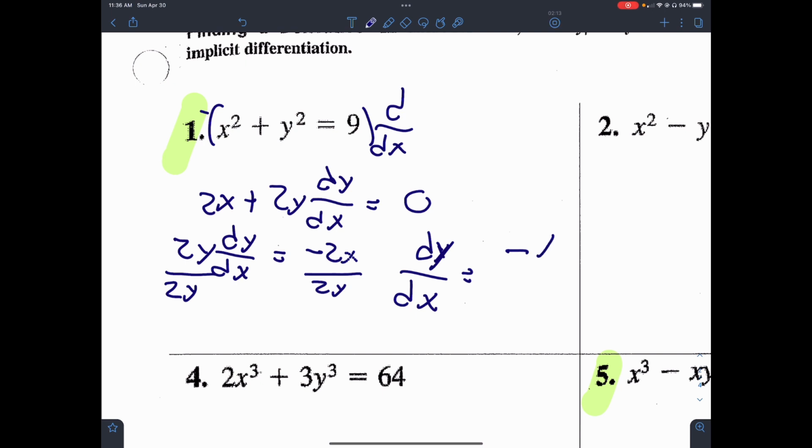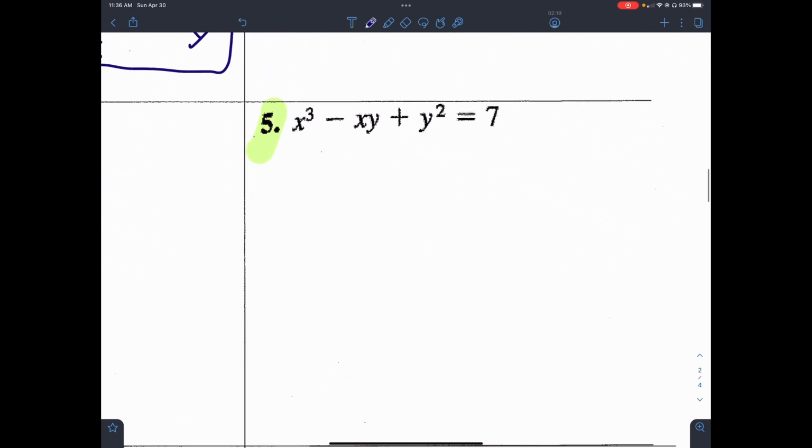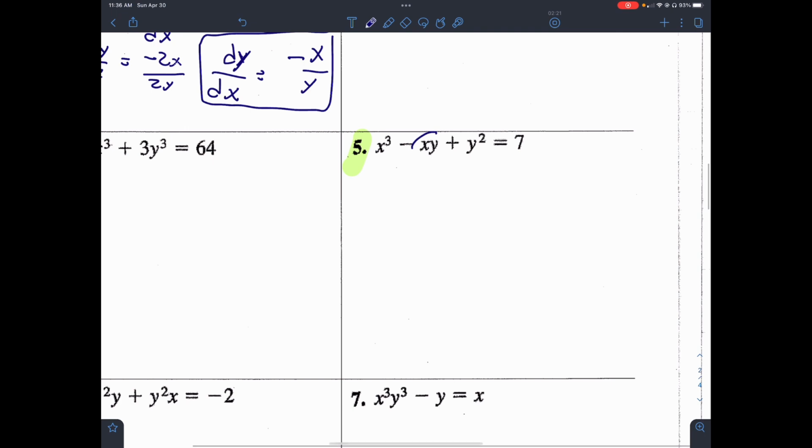There we go. Okay. Now, this one uses the product rule, because the x and the y multiply together. So first off, we'll multiply by d over dx. So x cubed goes to 3x squared minus xy, so treat each as an individual term.